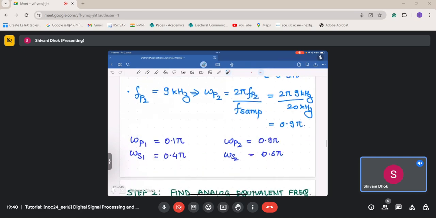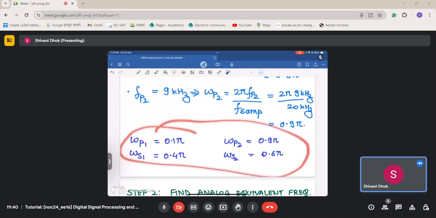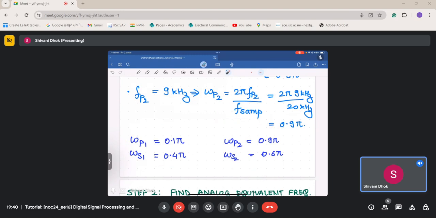And these four are basically the passband and stopband edges for the discrete time filter, in the digital domain.